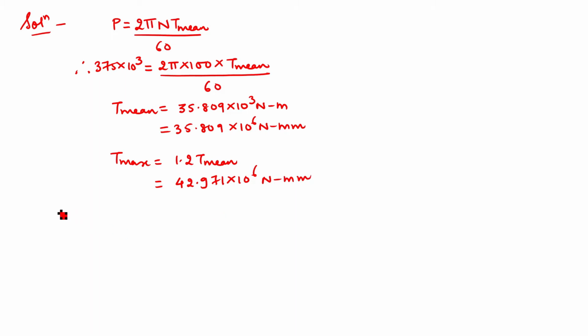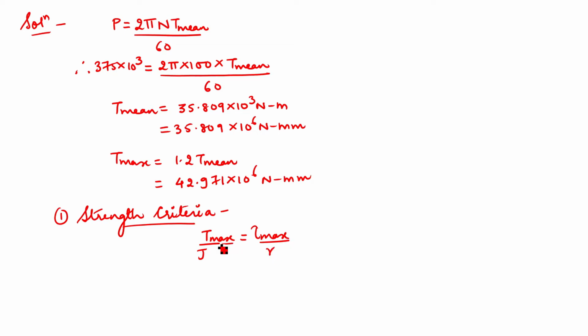Next, I'll start with the first criteria, that is strength criteria. The formula is T by J, T is T max, is equal to tau max upon R. For calculating J, the formula is pi by 32, D outer raised to 4 minus D inner raised to 4, and for R I'm going to use DO by 2.